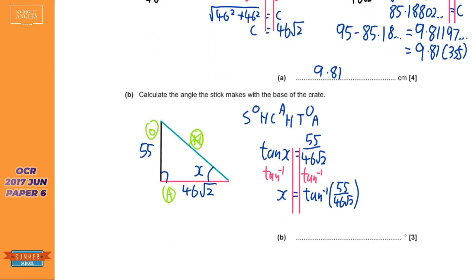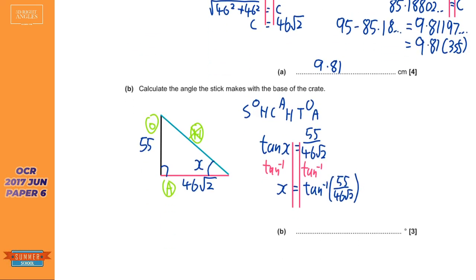So let's type that in: inverse tan fraction 55 over 46 root 2, and I get the answer of 40.2129 and so on, and we're going to round that to 3 significant figures. So we're going to write in 40.2 as our answer.